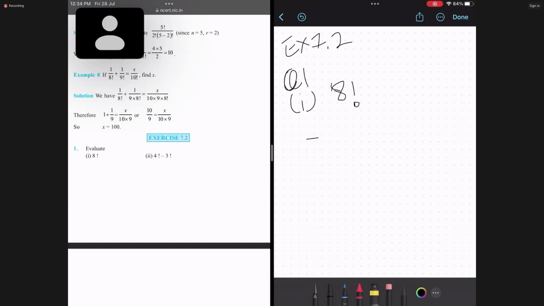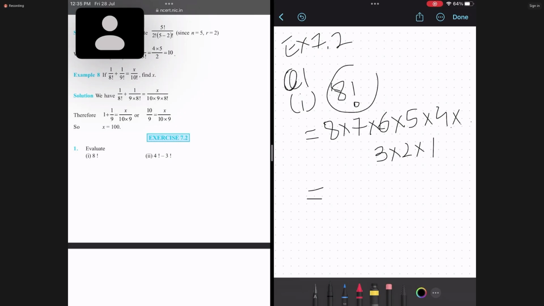So 8 factorial is nothing but 8 into 7 into 6 into 5 into 4 up until 3 into 2 into 1. Correct. So that is what 8 factorial is, and it can be denoted as this symbol right here. And if you are to go on and actually solve this, you would get your answer to be 40320. Correct.